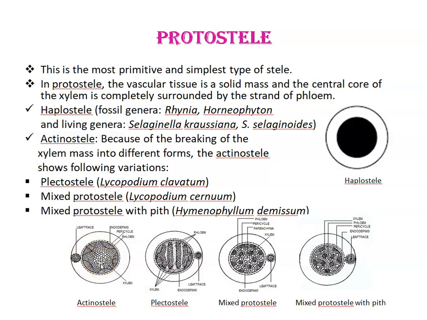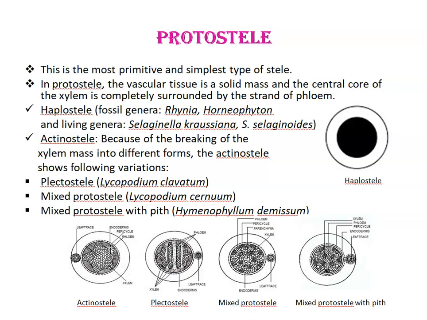So here the xylem core has radiating ribs, and phloem is not concentric but present in between the radiating ribs of the xylem. You can see here, phloem is present as groups between the radiating ribs of the xylem. This is phloem here. So example is Psilotum.